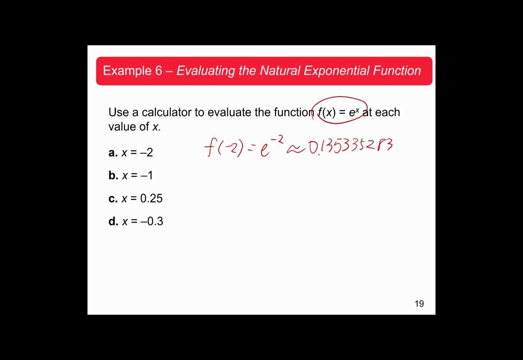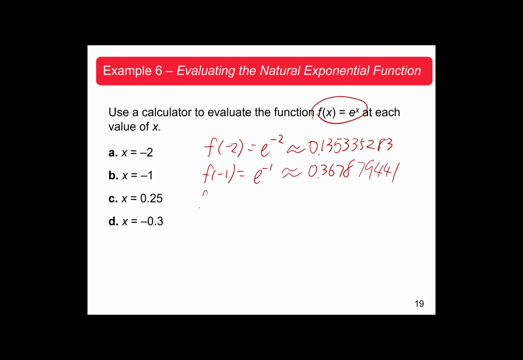Okay, I copied all the digits I saw from the calculator. f of -1 should be e raised to the -1st power. Point 367879441.